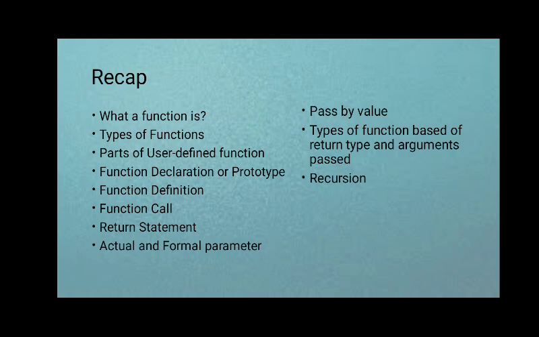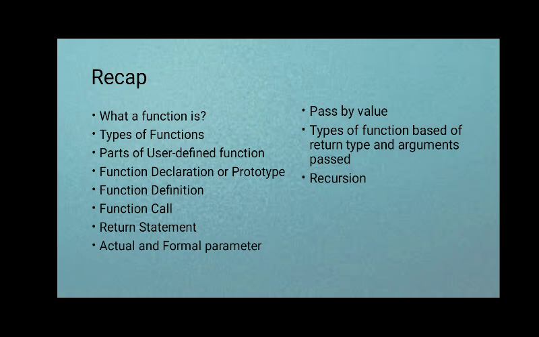There are basically two kinds of parameters: actual and formal parameters. The parameters that are used during the function call to pass the data are called actual parameters, and the parameters that are written in the function definition are called formal parameters.